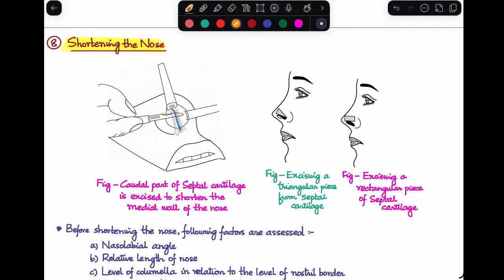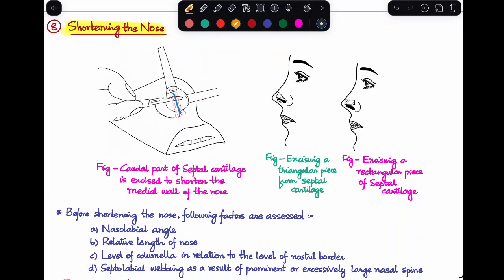Now, before you shorten the nose, there are some factors that you have to assess. First of all, we look at the nasolabial angle. This is the nasolabial angle over here. Then we will look at the relative length of the nose. We will also look at the relation of the columella to the level of the nostril border.